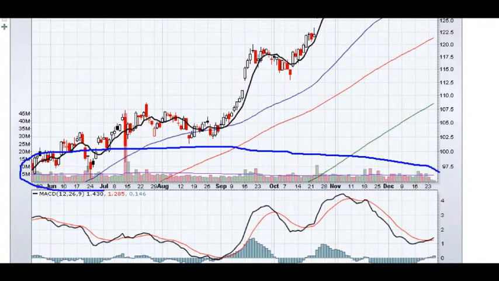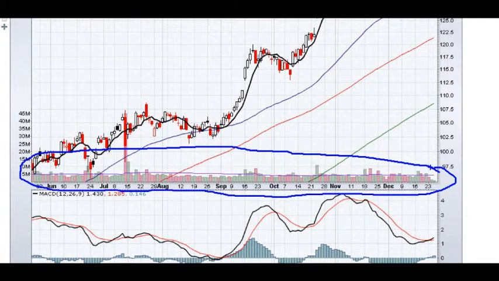This just shows us how many shares of stock are traded on any given day. The theory here is that volume precedes price, meaning we will tend to have an elevation in volume before a price move.